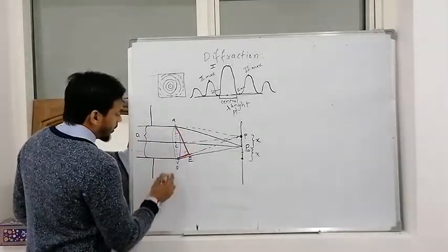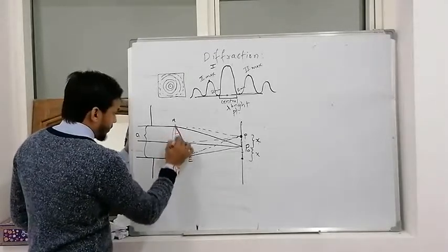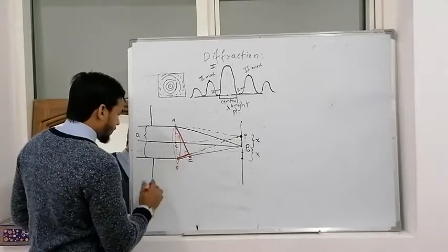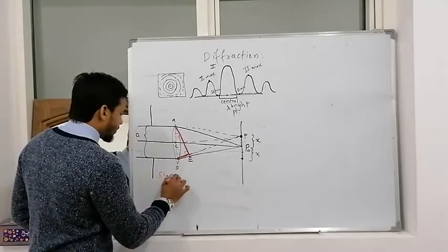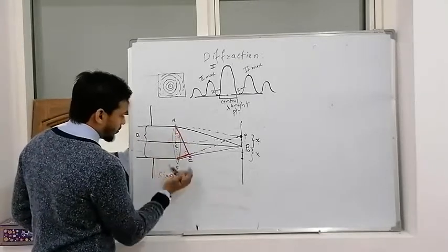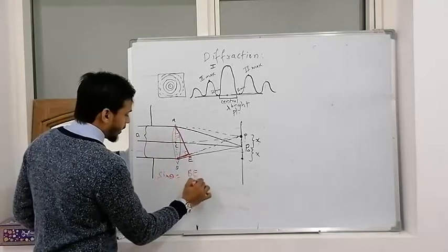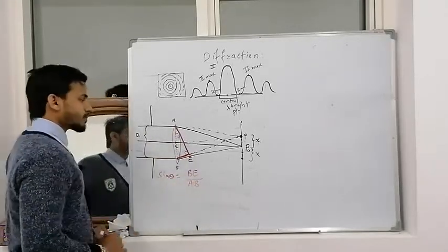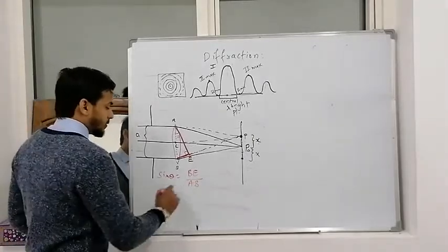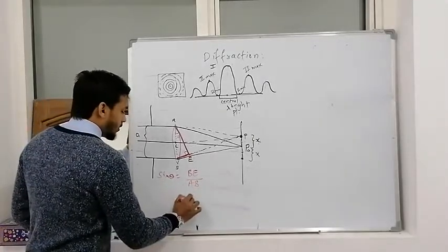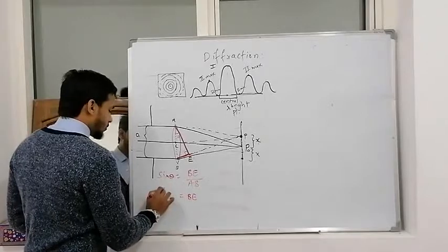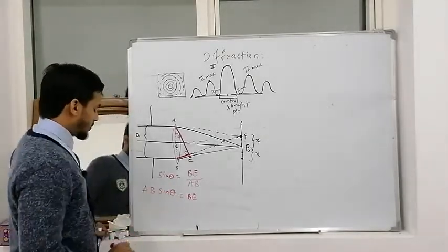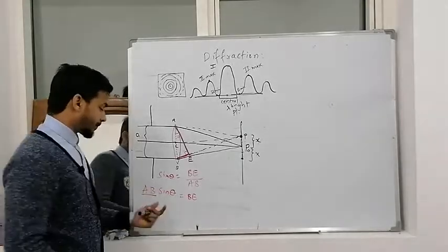Now if I apply sine theta here, this is theta. So sine theta will be opposite upon hypotenuse. What is opposite? BE. And what is hypotenuse? AB. Understand? So BE will be equal to AB sine theta. Is that correct?